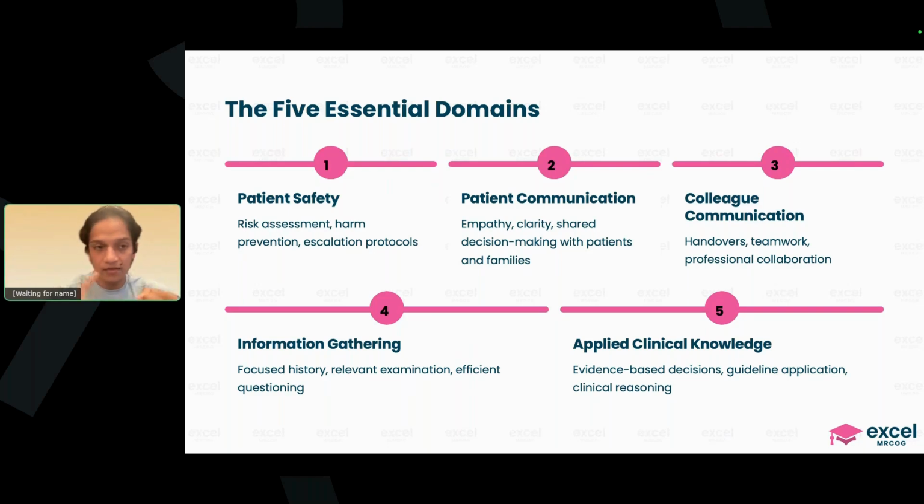Now, you also have communication with, so we said communication with patient, patient safety, applied clinical knowledge, information gathering, and communication with colleague. This particular domain, which is communication with colleague, is extremely easy for you to score. That also means that it is extremely easy for you to get a 0 in communication with colleague.